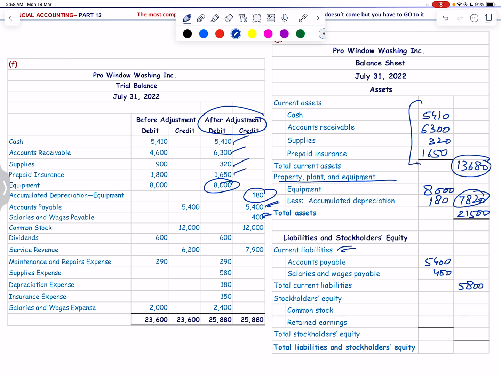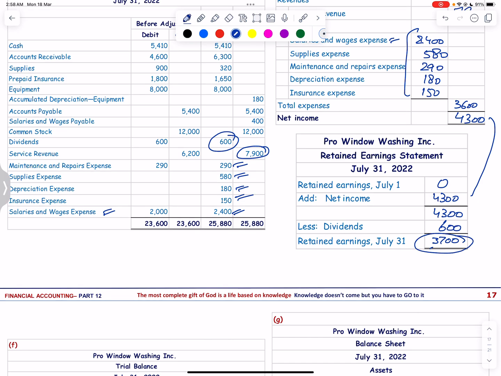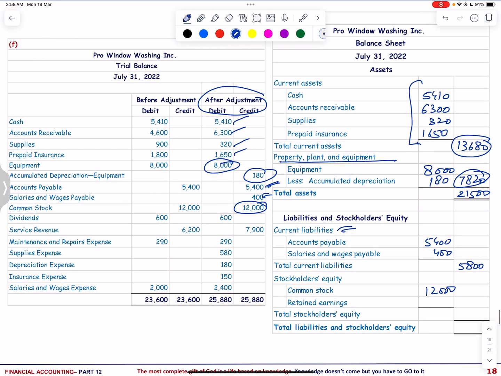Retained earning we have already calculated before, that is 3700. We add this over here, 3700. So the total stockholder equity is 15,700, and if we make the total of liabilities and the stockholder equity, that is 21,500. And once again mathematically the balance sheet is correct. Okay, let us see what is next.